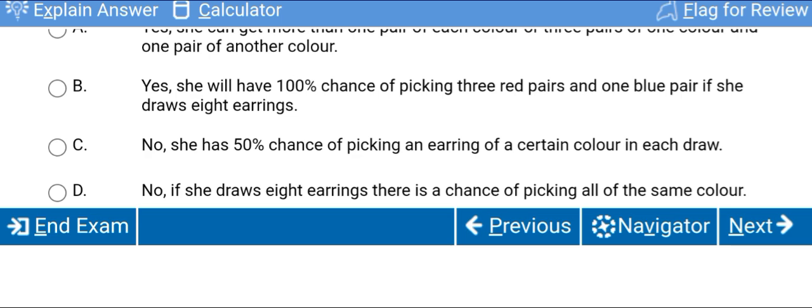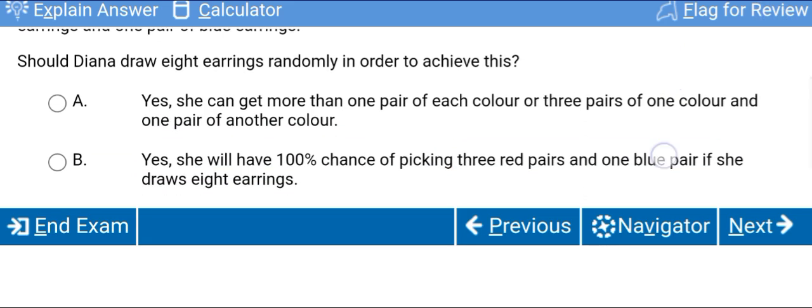Option C, no. She has 50% chance of picking an earring of a certain color in each draw. Option D, no. If she draws 8 earrings, there is a chance of picking all of the same color.